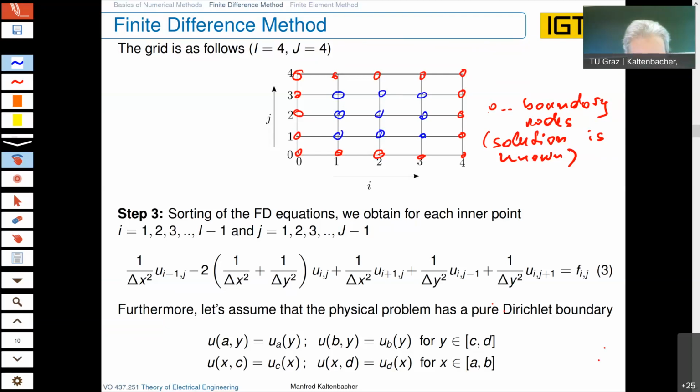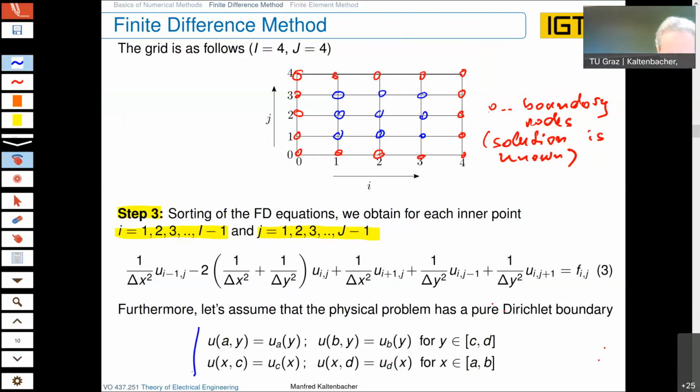Okay, now when we go here, as you can see, in a first case, we now solve the finite difference equation for i equal 1 to capital I minus 1 and j equal 1 to capital J minus 1. That means these are the inner nodes. And we assume that we have these boundary conditions.